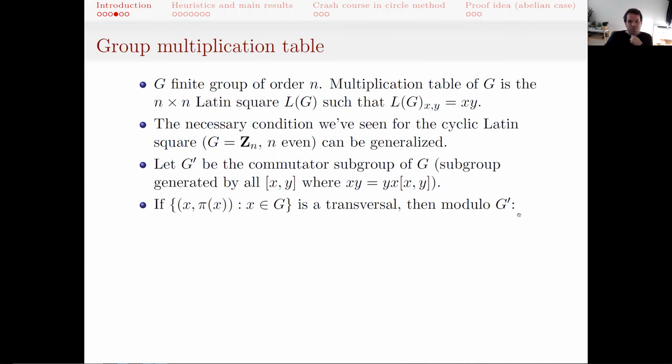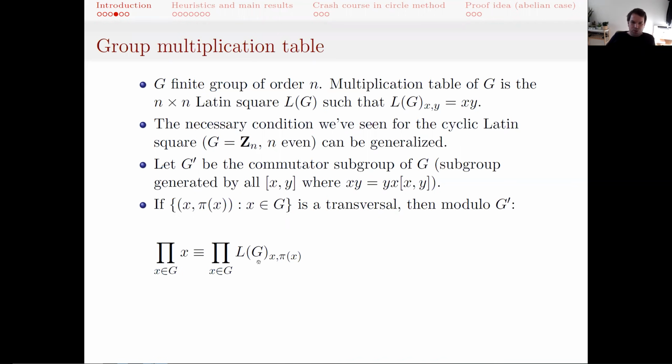So let's suppose that there is a transversal in the multiplication table of our group G. Well, then again, there is this bijection pi, and modulo G prime we have the following. Again, we consider the product of all the elements that appear on the transversal. So this is just, again, all the elements in our group in some order.